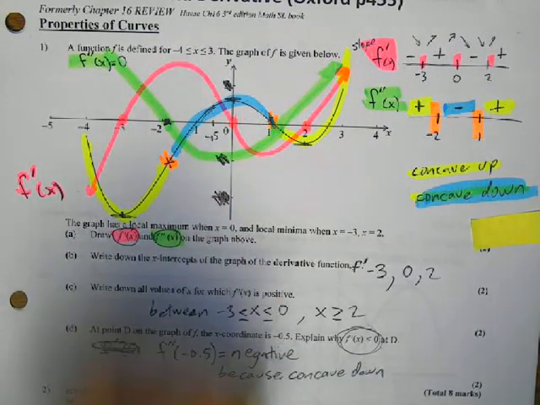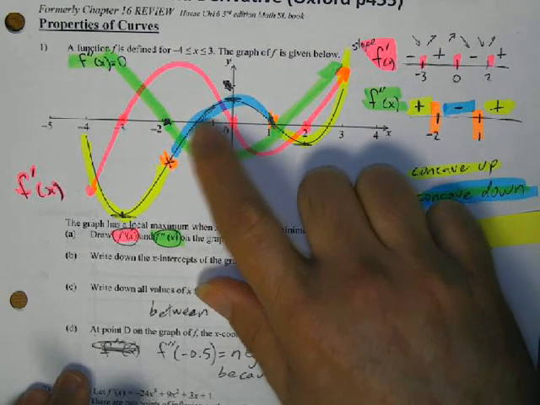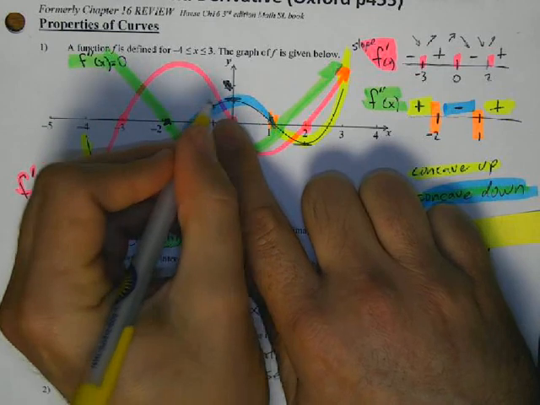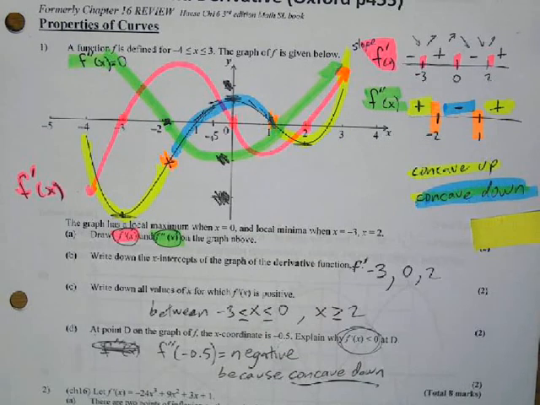Why is it concave down? It's because the slope continues to increase. So here the slope is like that, here the slope is like that, the slope is going to become horizontal, the slope keeps getting greater.